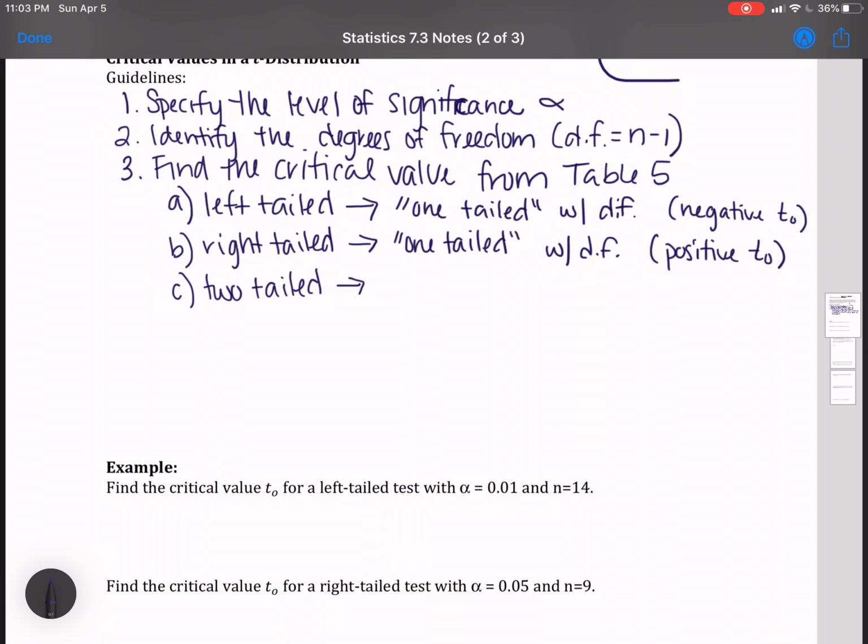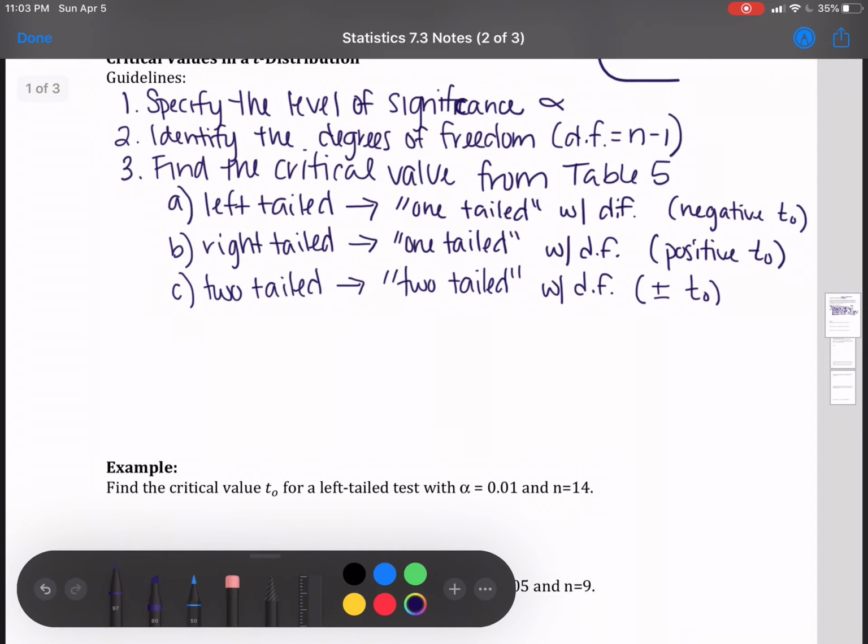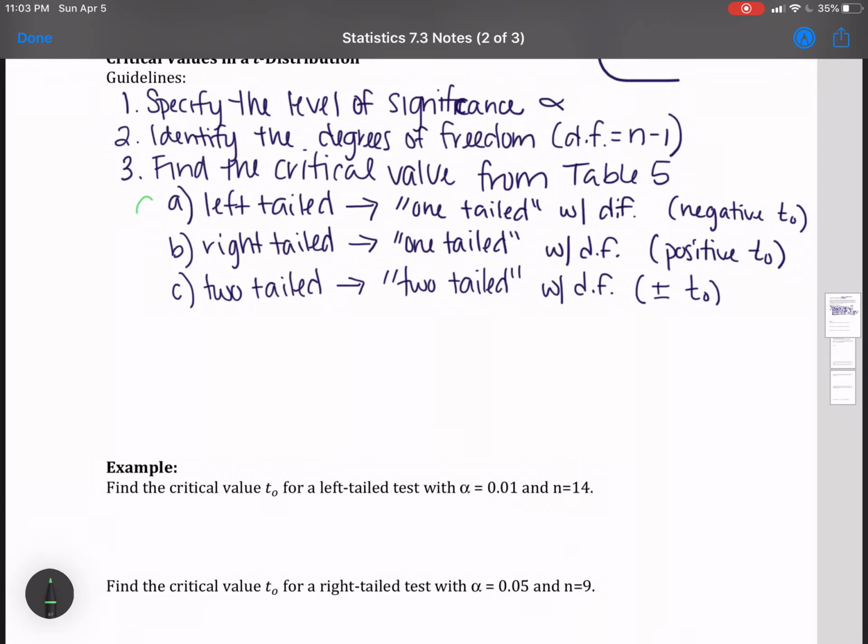And this is when we're going to look at the two-tailed row with whatever degrees of freedom we find. And here we're going to have a plus or minus critical value, t sub 0. Okay, so remember, the left-tailed, right-tailed, and two-tailed are always going to come from our alternative hypothesis, or H sub A.